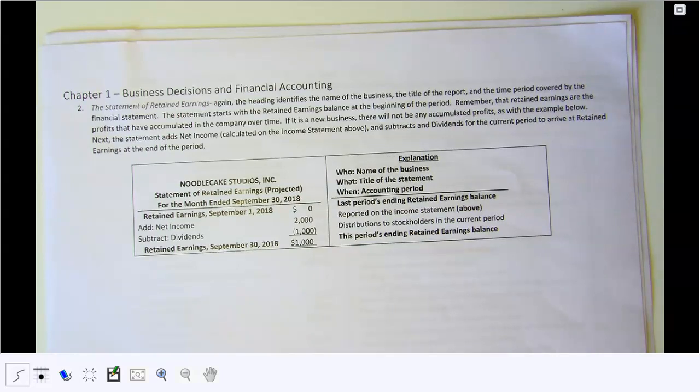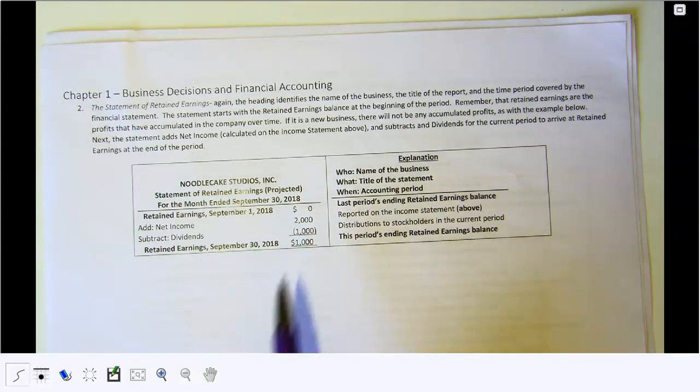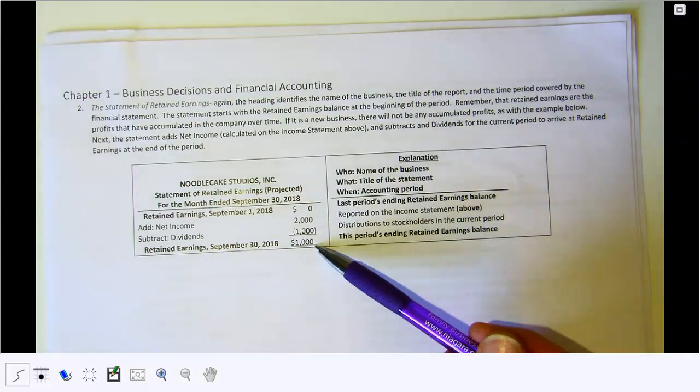This statement tells us how much in earnings or profits from other periods we began this current period with. It tells us how much we earned in net income this period and what we did with it. Did we give it away as dividends, or did we keep it and retain it in the business? And so it then shows us the retained earnings ending balance.